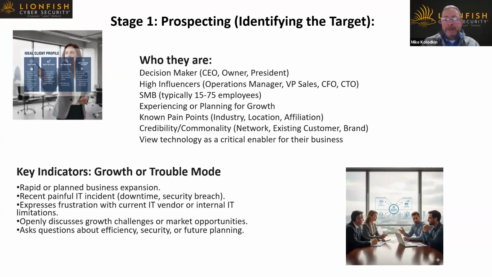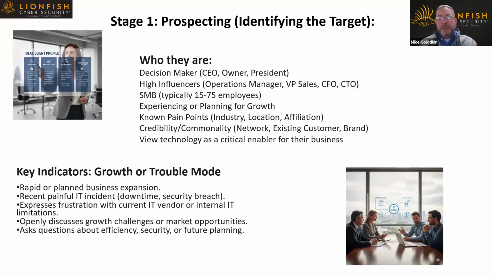And if not, are we talking to someone that has high influence, like an operations manager, or maybe a VP of sales that is responsible for business growth but is being impeded, or the chief financial officer or chief technical officer? The title doesn't have to be exact, but they have to have a level of influence where they could take action there.